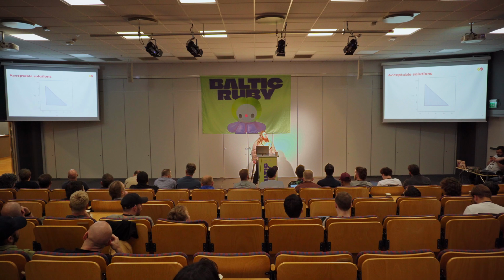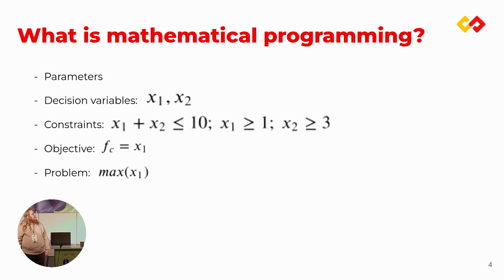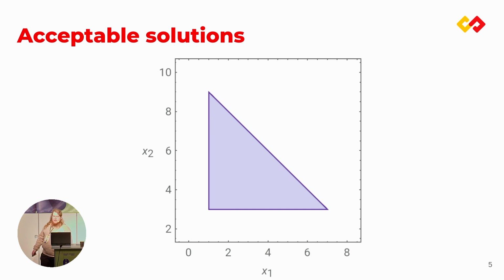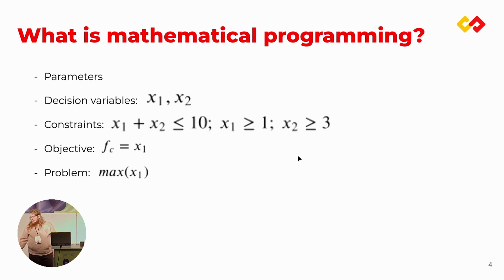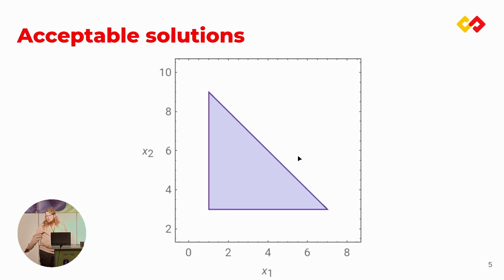And given the constraints from the previous slide, x1 plus x2 is less than or equal to 10. We have one line there, and we have two other constraints as horizontal and vertical lines. So the graph shows all the solutions possible for our equations, but of course we don't want to take just any of them.